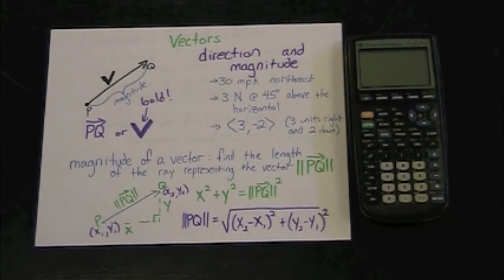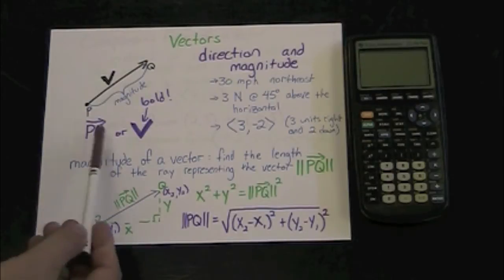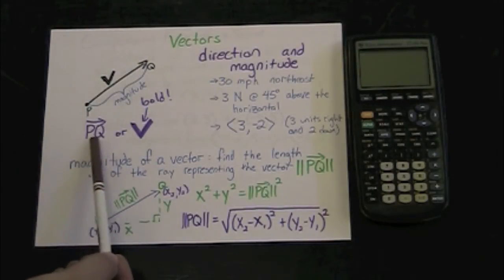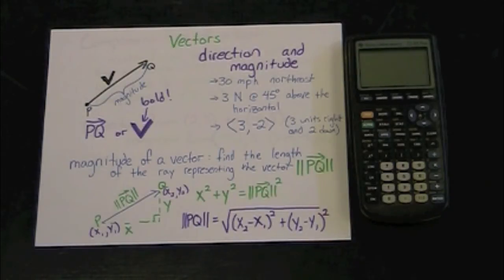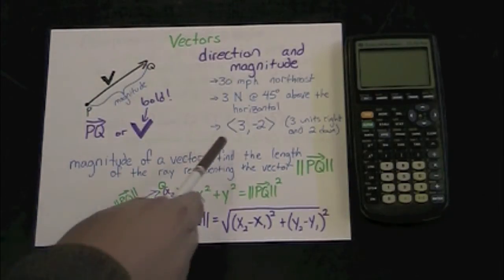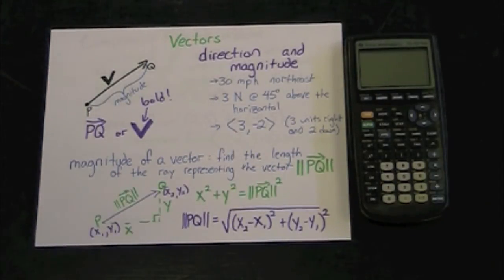We can notate vectors in a variety of different ways. The first is the same way we describe a ray. If we look at the vector I have here, this is vector PQ or vector V. Vectors are usually indicated in a textbook by using a bold font. They're also sometimes written with these pointy brackets. In fact, every time you write a vector as its components, you're going to use those pointy brackets.